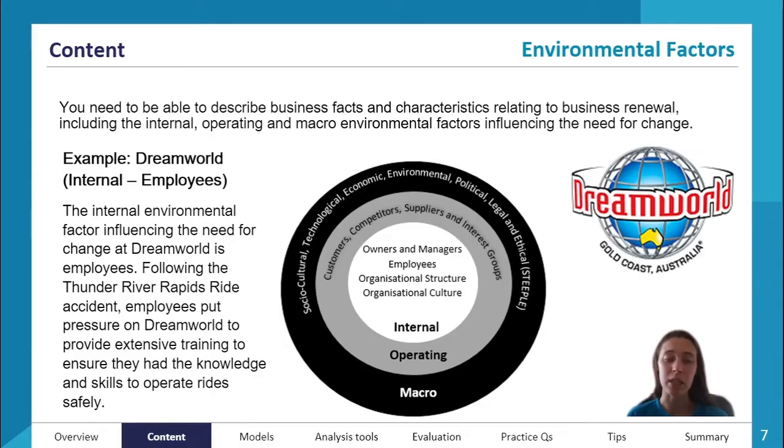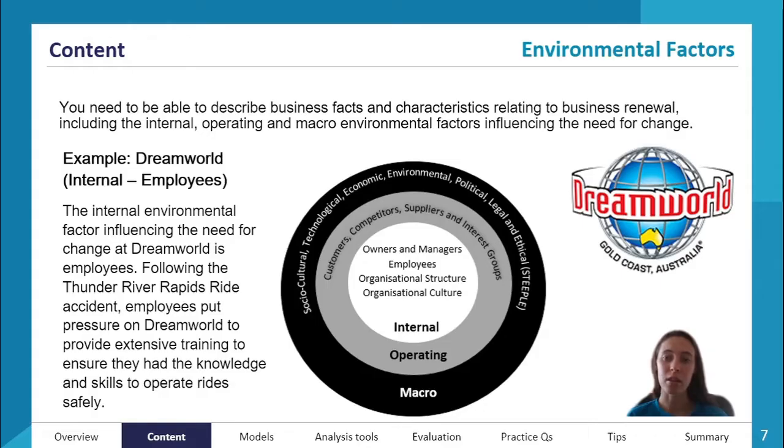in 2016, and employees, as a result of that accident, put pressure on the company to provide training, so they had the knowledge and skills to operate the rides safely, to avoid those sorts of incidents in future. So that's an example of someone inside the organization putting pressure on the organization to make a change.